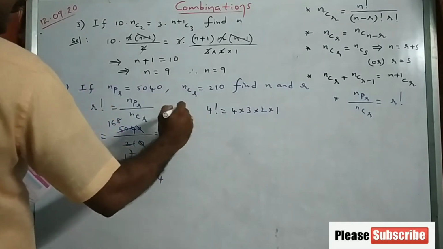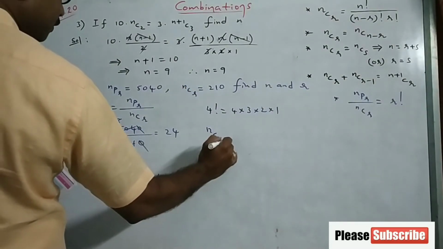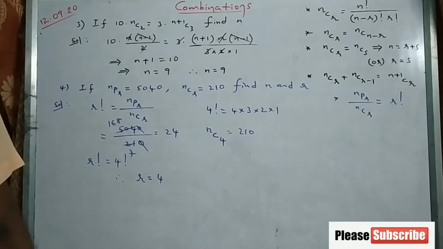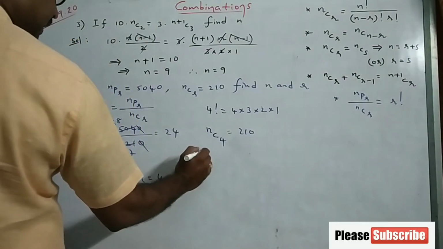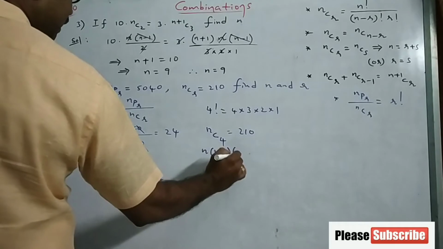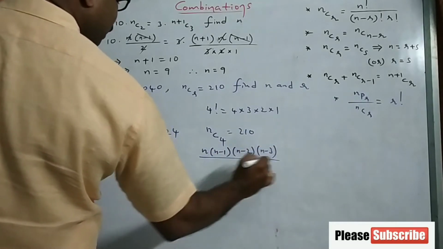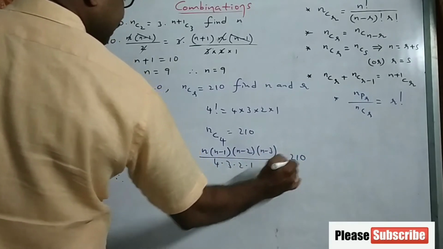But I want to find n also. So in the place of r you keep 4: nC4 equal to 210. So how do we write this? nC4 means n into (n minus 1)(n minus 2)(n minus 3) upon 4, 3, 2, 1 is equal to 210.